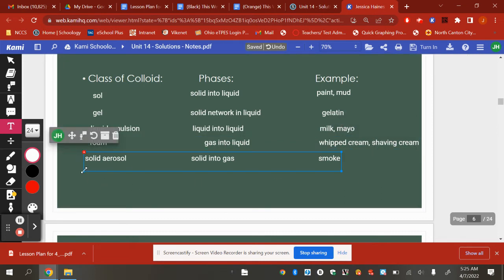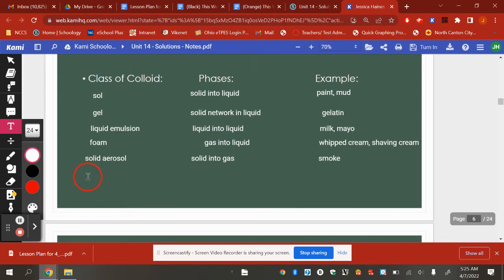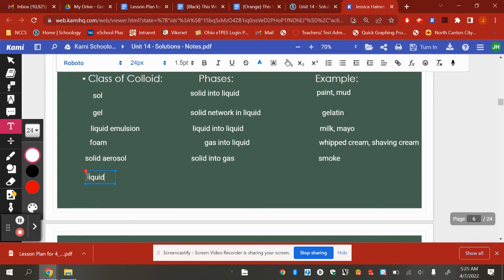All right, next one is liquid aerosol. Same idea, different thing. All right, this is liquid into a gas. So think about a liquid being dissolved into a gas.